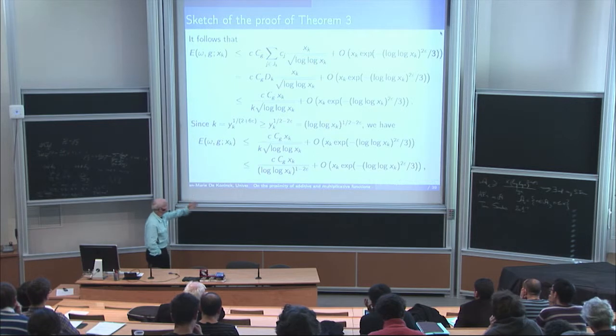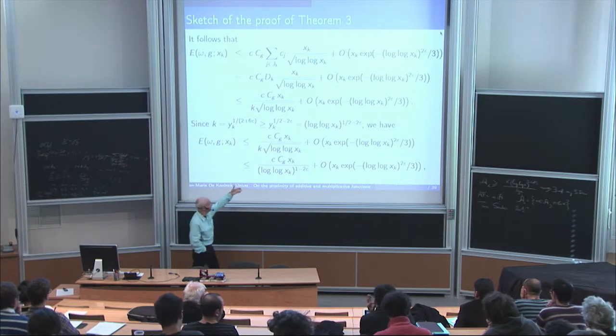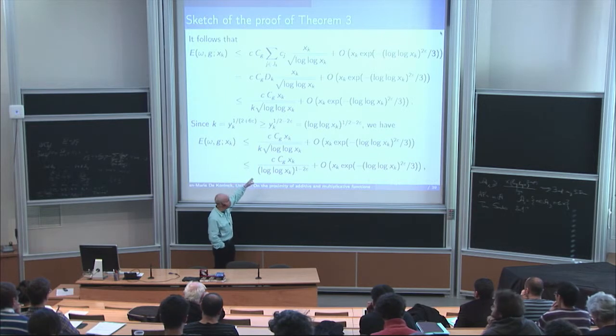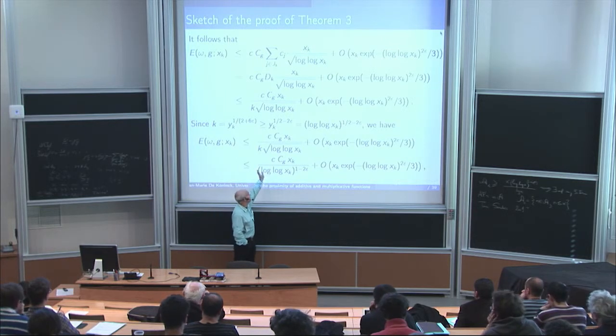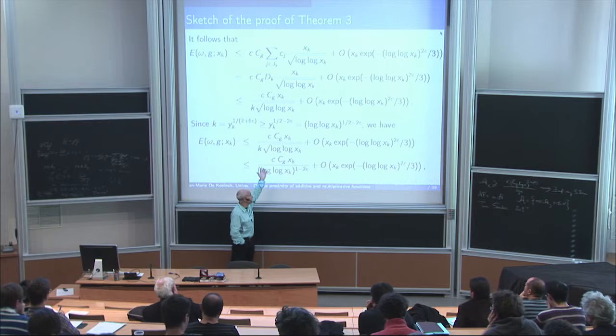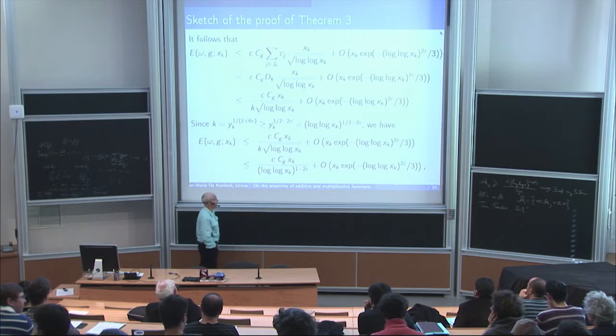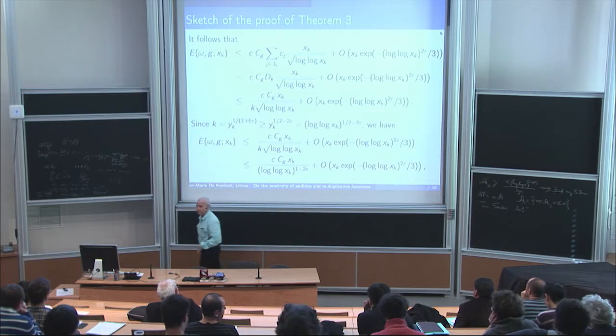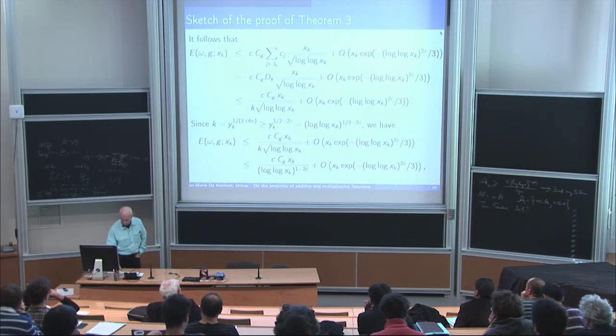And then I just replaced that, and here it is. I obtained this, and this ends the proof because I just wanted this to be smaller than a constant times xk over log xk to the 1 minus epsilon, but minus 2 epsilon will do. Okay, this ends the proof of theorem 3.